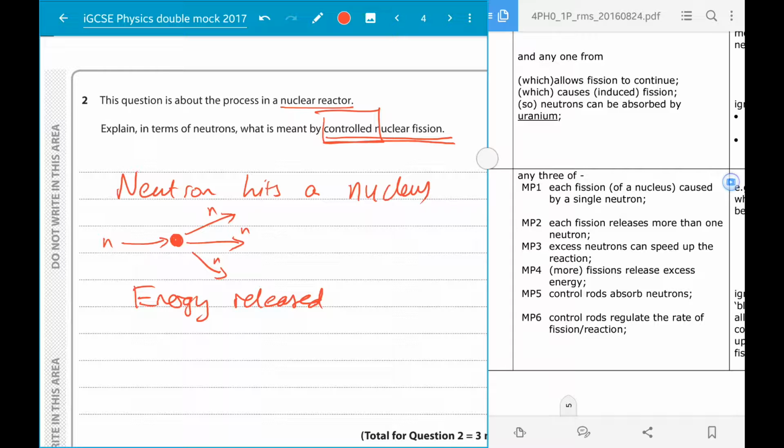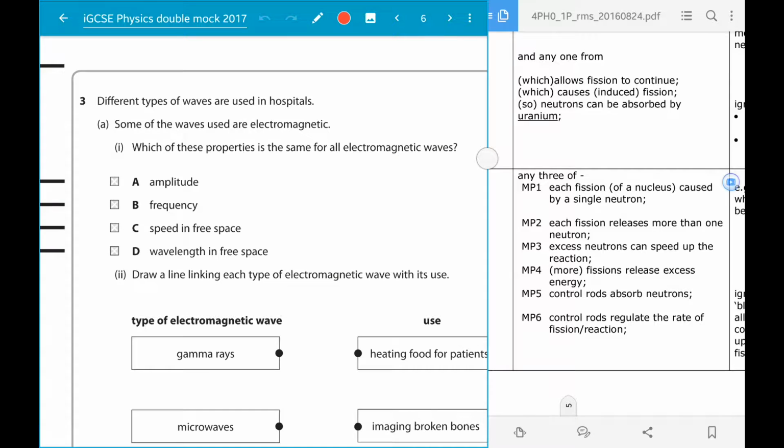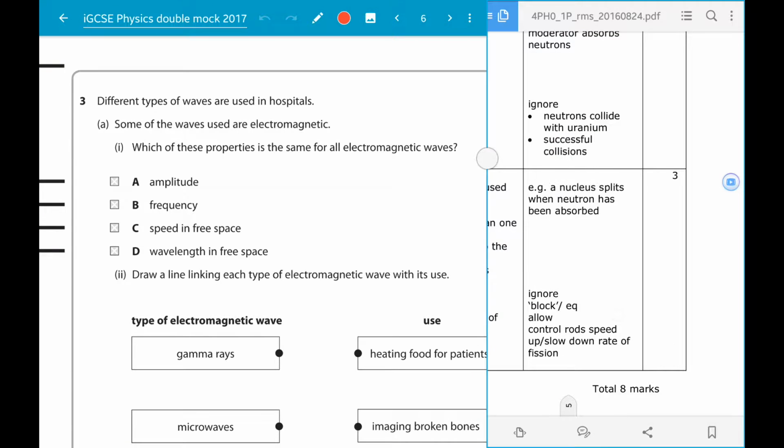So control rods absorb neutrons, and that means that when you put them down, all of the neutrons are being absorbed, and less can actually cause a fission to happen. If the control rods are lifted up, then that will allow more neutrons to hit more atoms of uranium, causing more fission to happen. So this is all about nuclear fission, and that would have got you 3 marks.